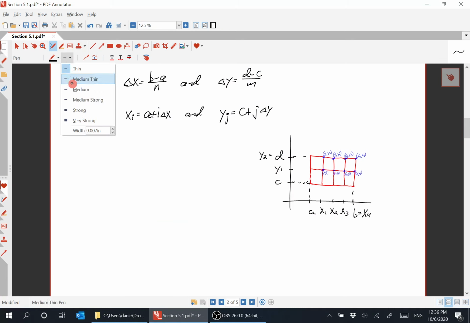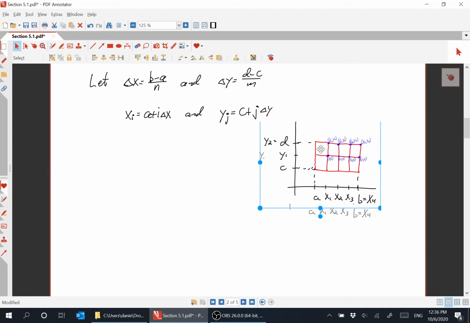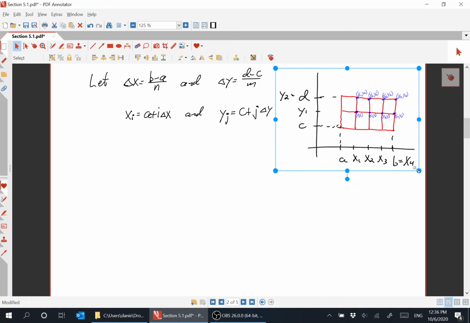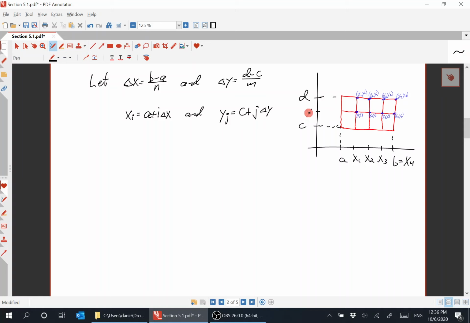Now, consider the following box. So we're going to take the box whose upper right hand corner is x_i, y_j.